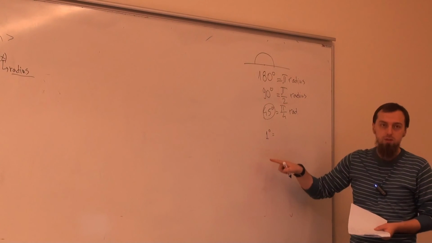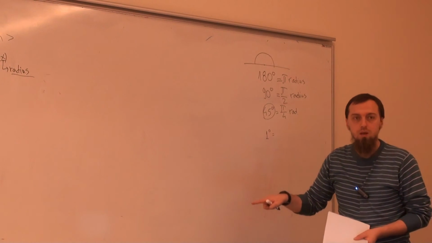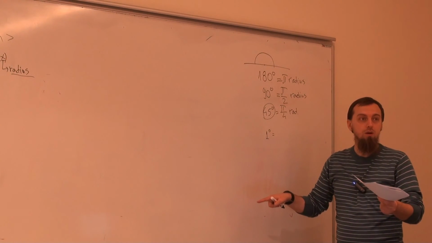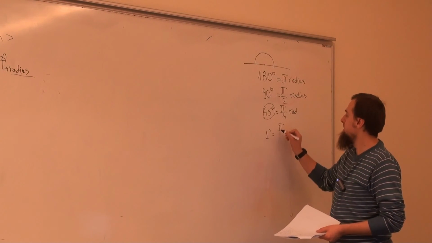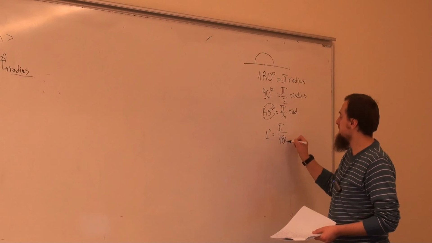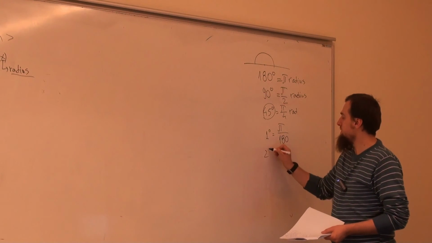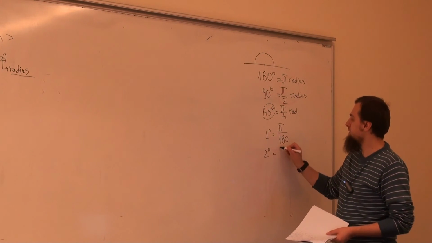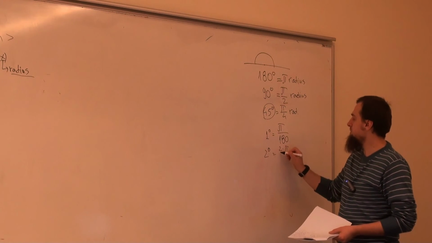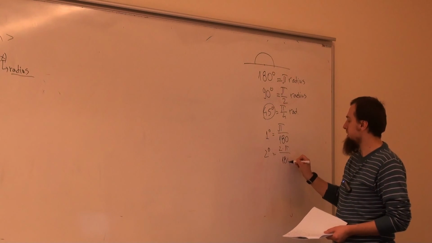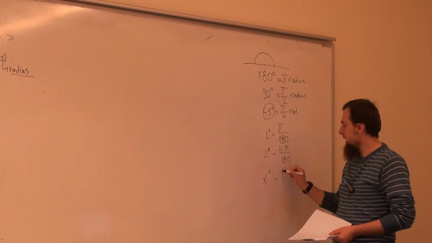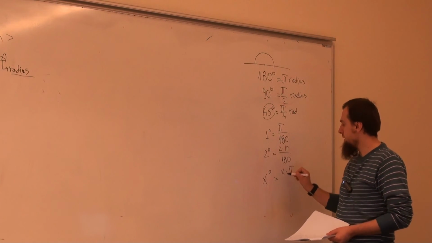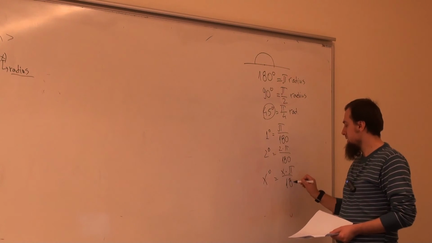And what about 1 degree? Pi over 180. 2 degrees is obviously 2 multiplied by pi over 180. So x degrees is x multiplied by pi over 180.